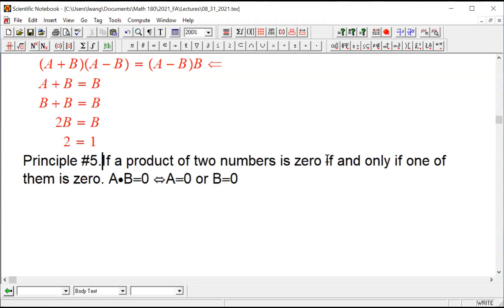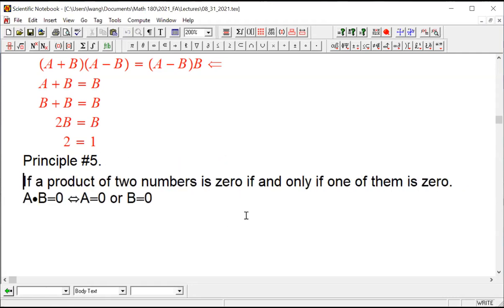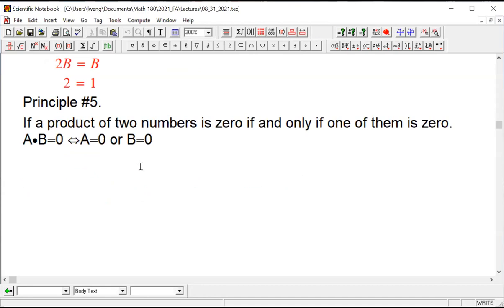This is what I copy and paste from the notes, okay? And here I introduce a new term called "if and only if," which you are going to use in some situations in mathematics, in your calculus classes. I'm going to explain it to you. This one sentence actually implies two sentences.